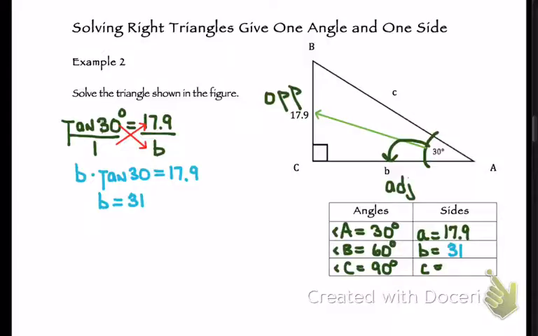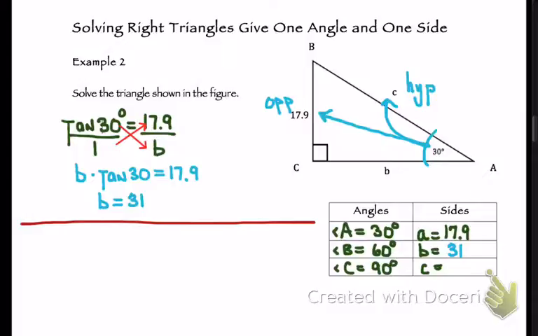So to figure out side C, I can do this multiple ways. I know I could use the Pythagorean theorem, because I now have A and B, or I could use another trig identity. It's faster for me to use another trig identity, so what I'm going to do is I'm going to erase my triangle. And now I'm going to look at, in terms of the angle that I know, I'm going to use the side that I know, and I'm going to find the side that I want.